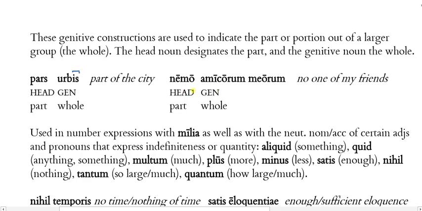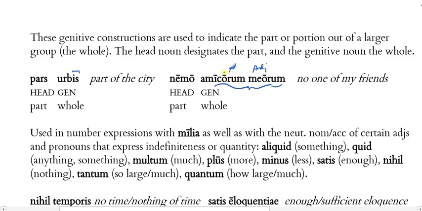Now, in the second example, nemo amicorum meorum. Okay, nemo is the head noun, no one, and then amicorum meorum. This is the expression that functions as a genitive. This is the noun, and this is the possessive adjective here.